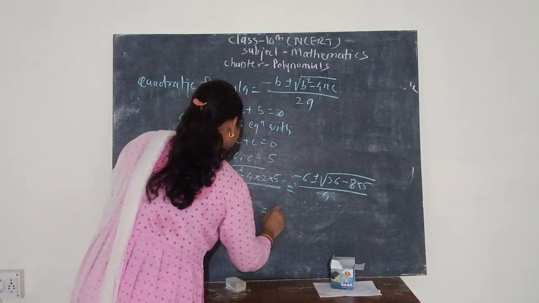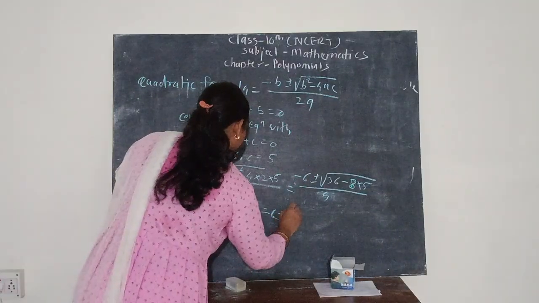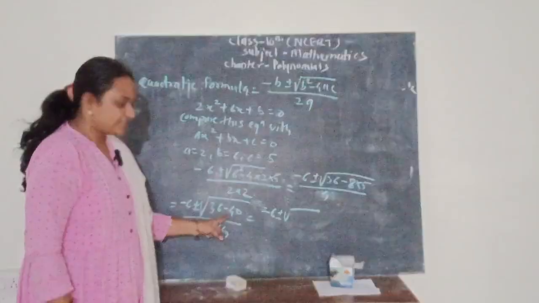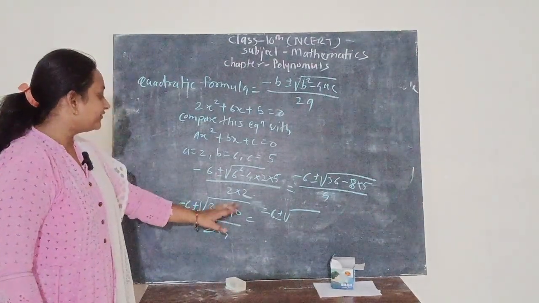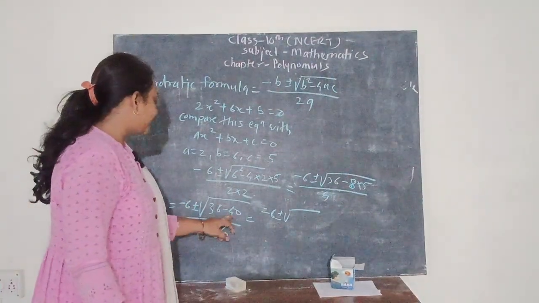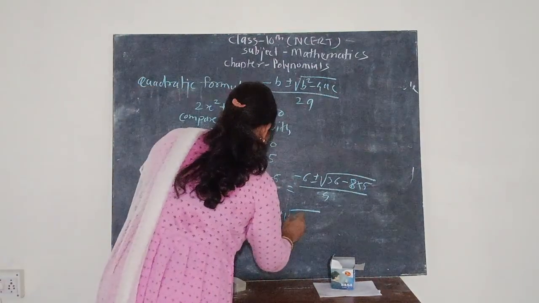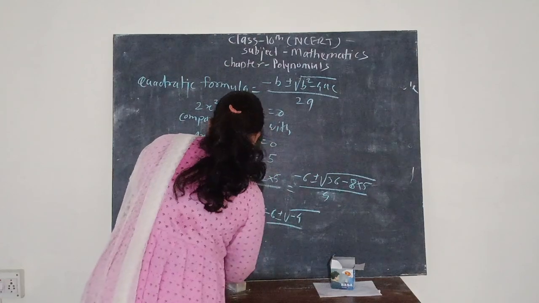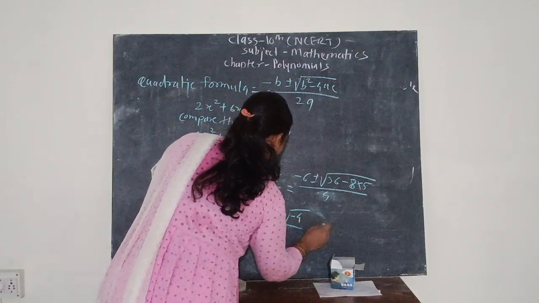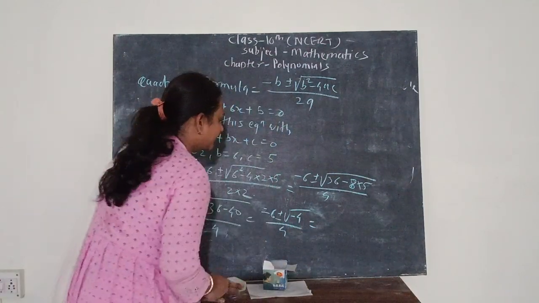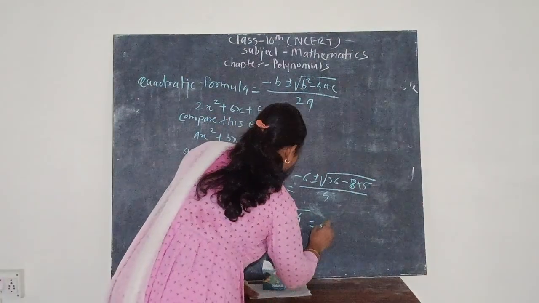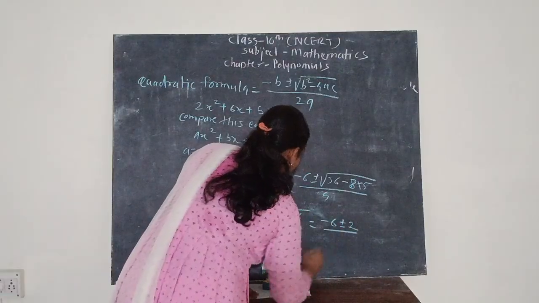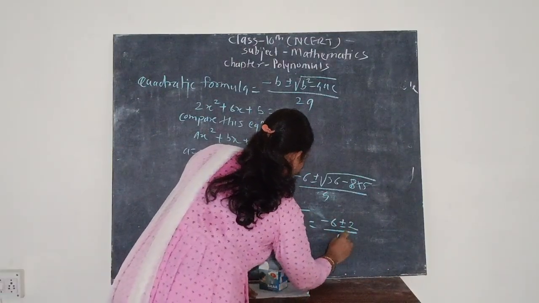Next, minus 6 plus minus under root 36 minus 40, that is minus 4, upon 4. Then the square root of 4 is 2, so minus 6 plus minus 2 upon 4.